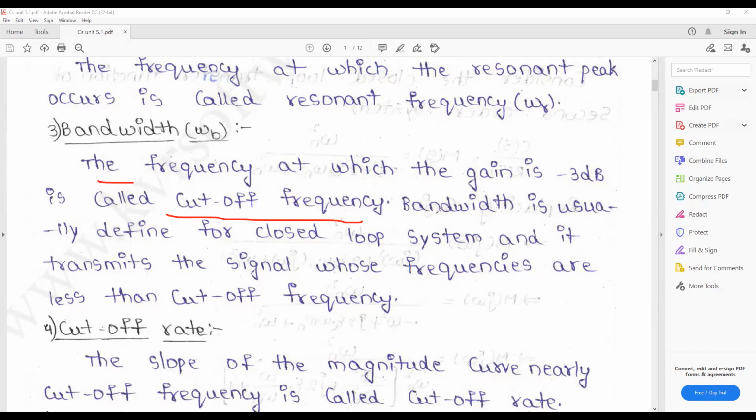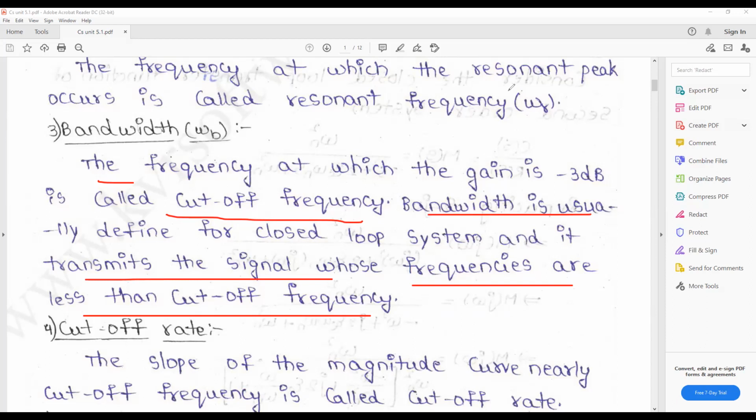So bandwidth is usually defined for closed loop system, and it transmits the signal whose frequencies are less than cutoff frequency. The one that transmits signals whose frequencies are less than the cutoff frequency, we call it bandwidth.